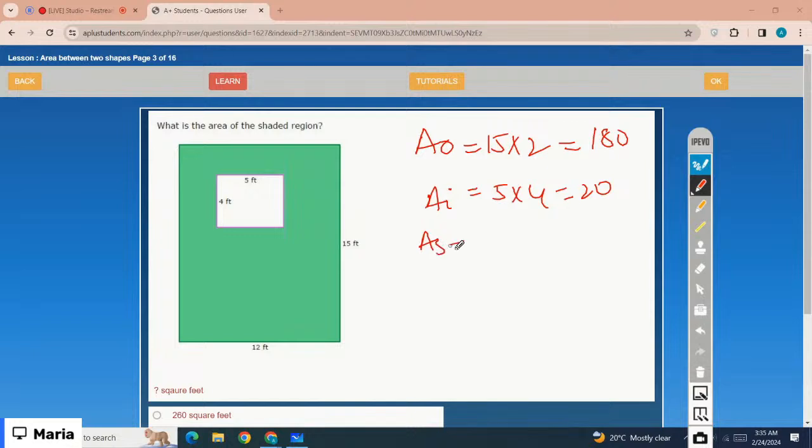So the area of the shaded region is 180 minus 20, that is 160.